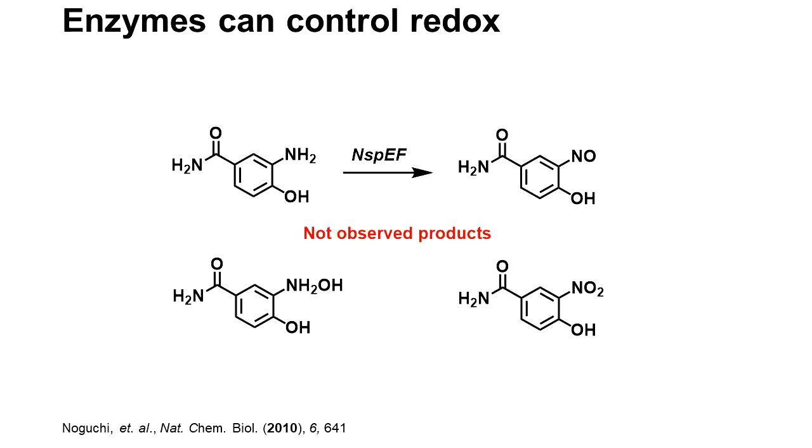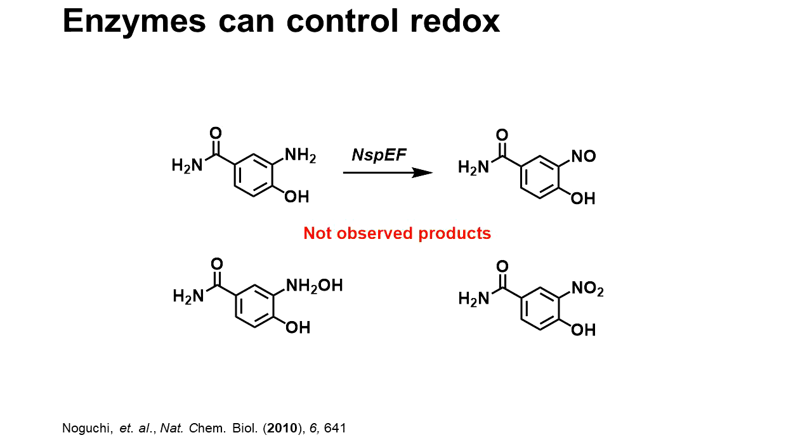An enzyme can take an amine group on this substrate and convert it selectively to an NO, the nitroso group, instead of under-oxidizing to a hydroxylamine group or over-oxidizing to a nitro group. This is another example of the specificity that enzymes can have.